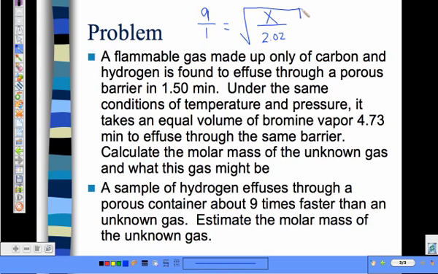I got 163.62. Did you take 9 squared and then multiply by 2.02? This time you're going to multiply. Yes, and that makes sense because we need something heavier.